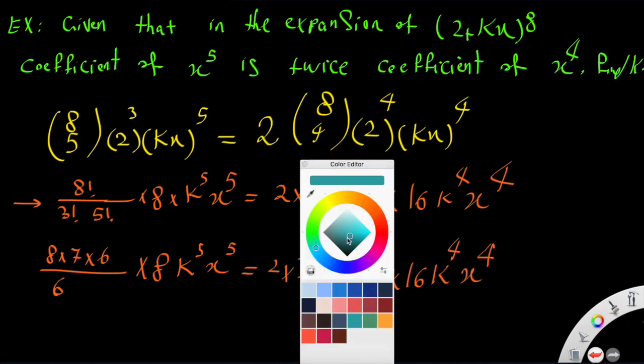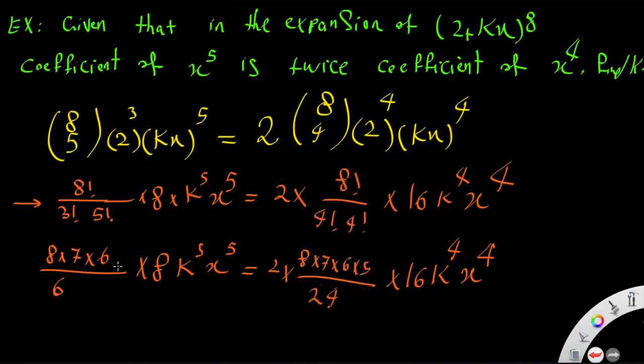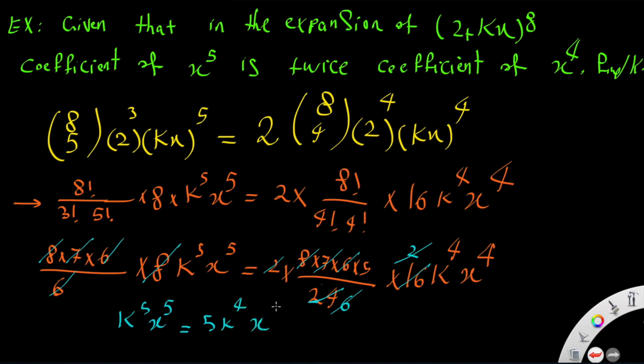Now let's simplify here. 6 and 6 cancel out. You can cancel 8 from both sides, and 7 from both sides. You can simplify this 8 with this, which is 2, then these 2 are 4, and it will be 6, then these cancel out. So what we have is k to the power of 5 x to the power of 5 is equal to, on the right hand side, 5 k to the power of 4 x to the power of 4.